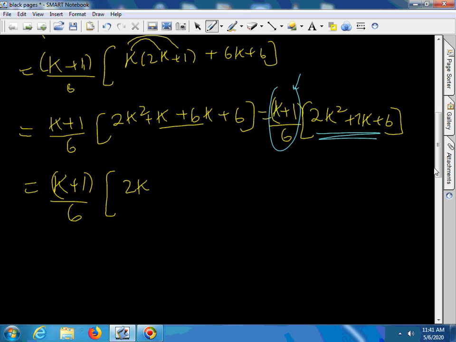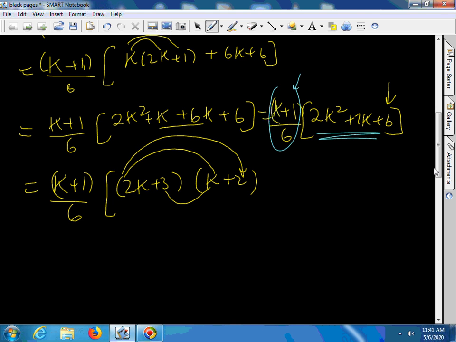You're going to have 2k plus a number times k plus a number, and the product should multiply out to 6. So I'm going to put a 2 here and this 3 here. There's a 2k squared, and the middle term is going to work: 4k plus 3k is 7k. And definitely the 6 works.